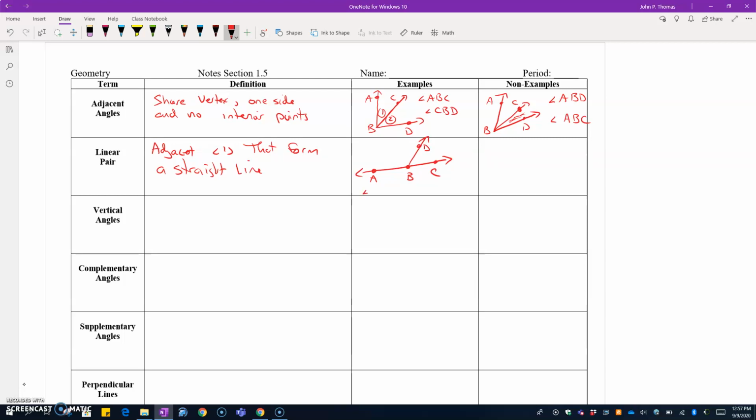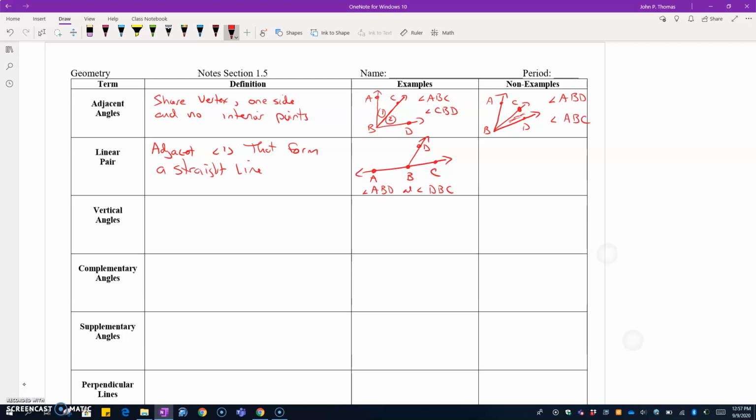So I have angle ABD and angle DBC. They're considered a linear pair because they form a straight line. We'll see later that the sum is 180, but they form a straight line is the key idea.